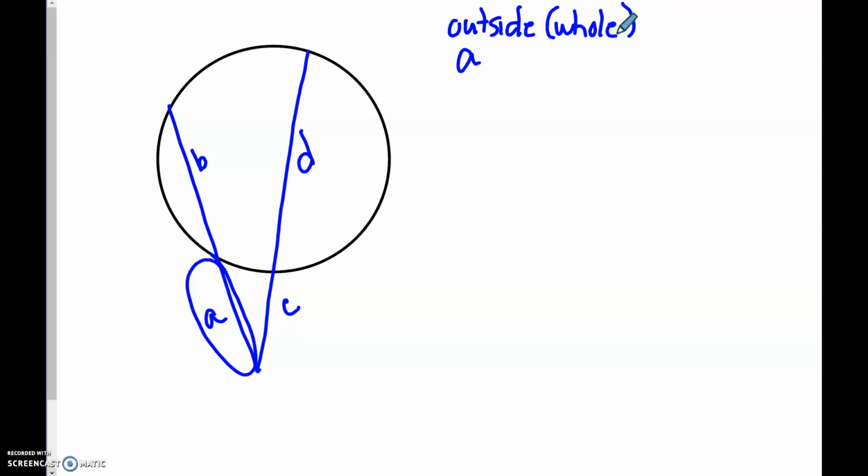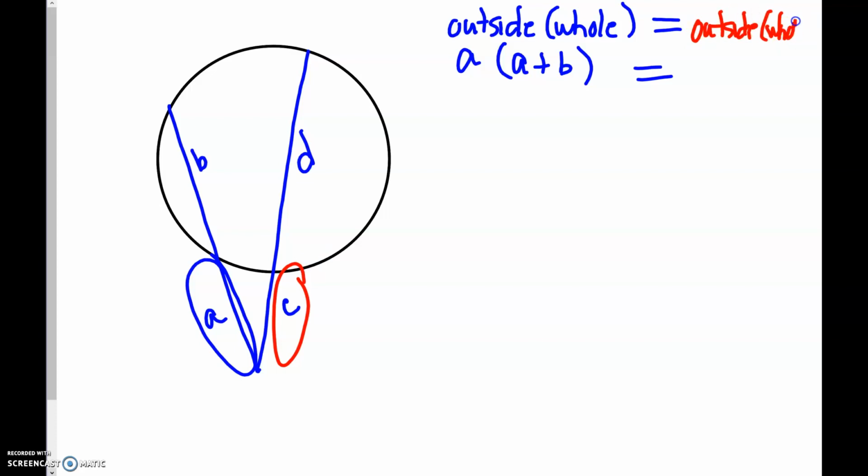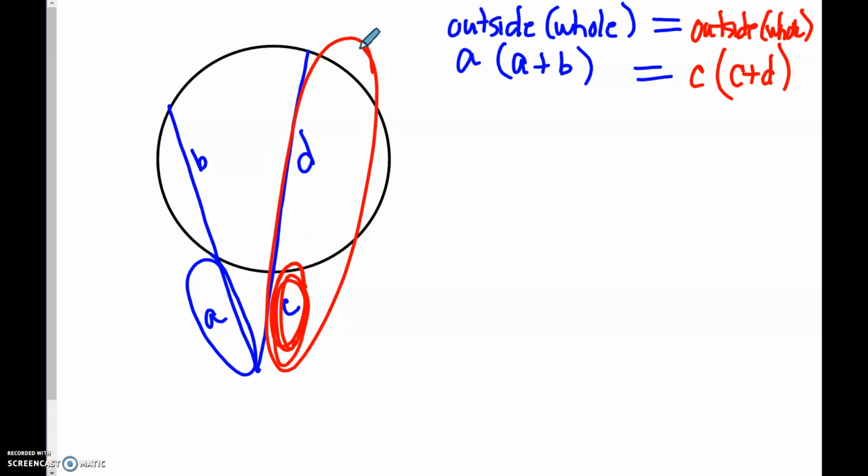The outside times the whole, so this would be A plus B. That is going to be equal if we do the same thing on the other side. So if we take the outside part, the outside C times the whole thing, C plus D. Outside times whole is equal to the same outside times whole of the other one.